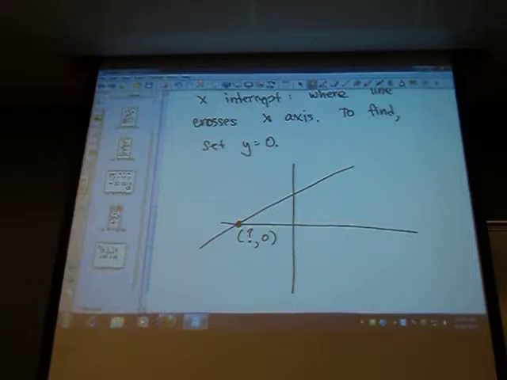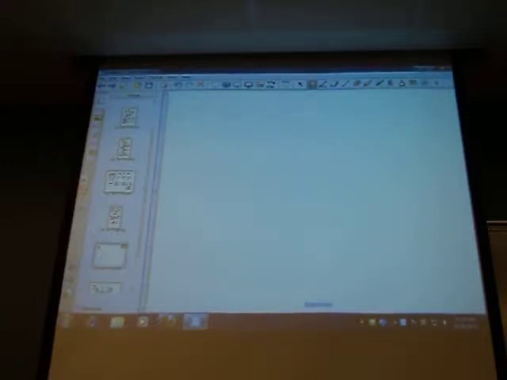Okay, so let's do another practice problem. Find the two intercepts of this equation.